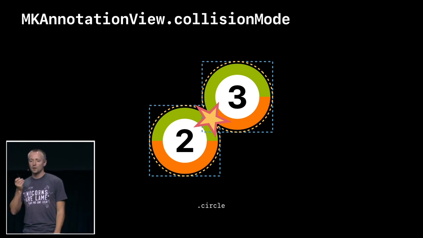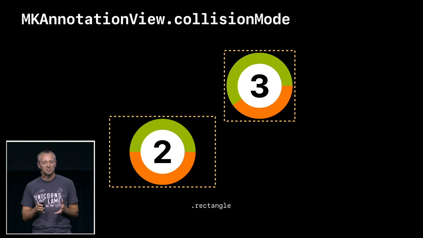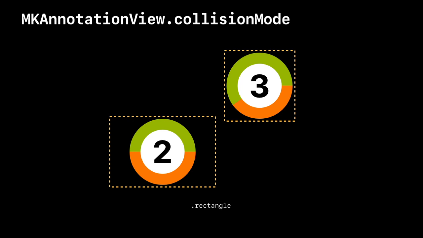Now, not all annotation views are perfect boxes. Some of them are actually rectangles. For collision mode rectangle, the collision is with the rectangle. But if you change it to circle, it is a circle. So we use the inscribed circle in the rectangle, not the inscribed ellipse. It's important to take note of that.